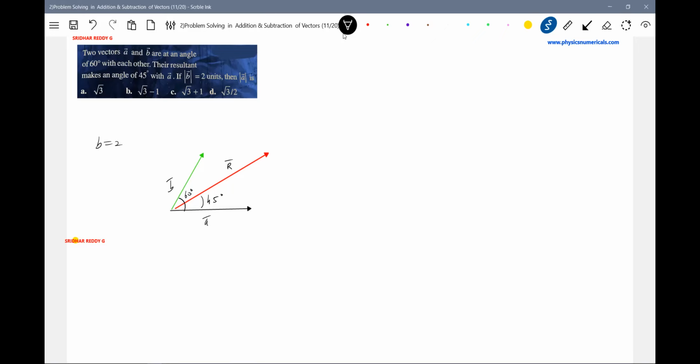So what is the formula for the angle made by the resultant with vector A bar? Tan alpha should be equal to B sin theta by A plus B cos theta. The angle between vectors, theta, is 60 degrees, alpha is here 45 degrees, and the value of B we also know is 2 units. So this is 2 root 3 by 2 over A plus 2 times 1 by 2, which becomes root 3 by A plus 1.